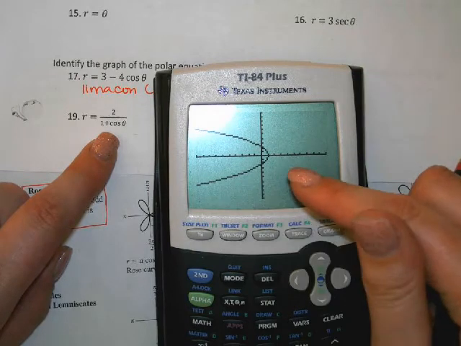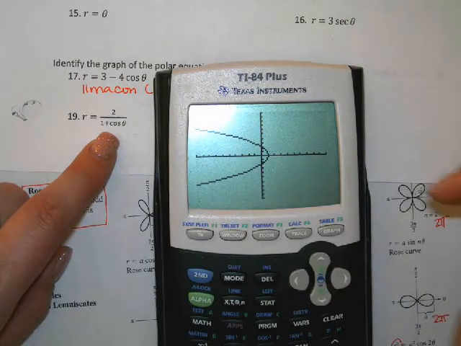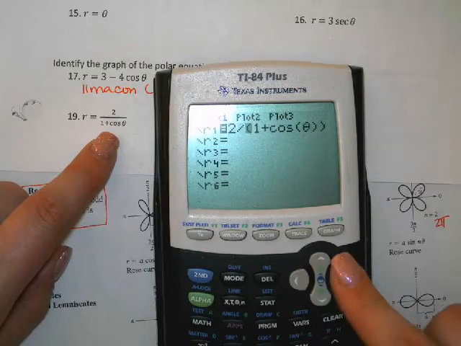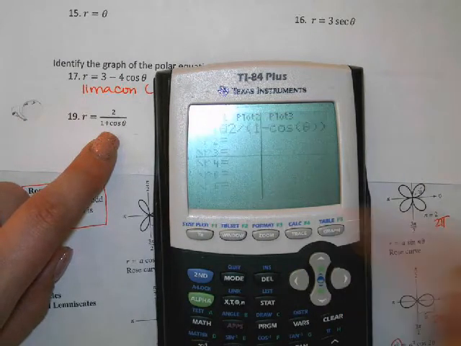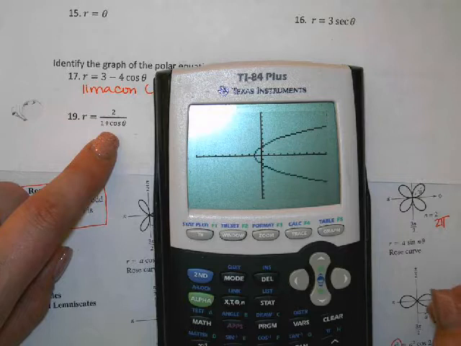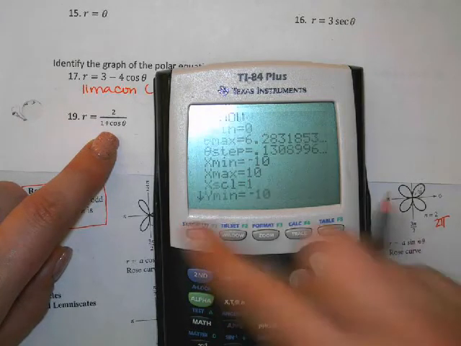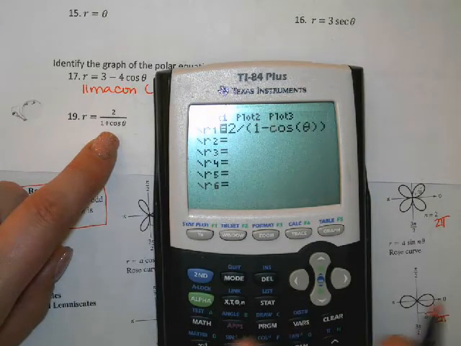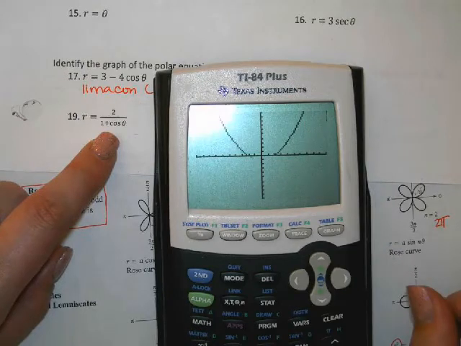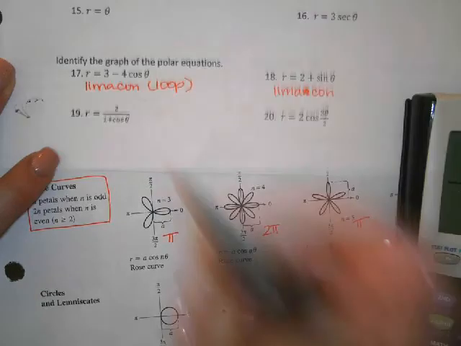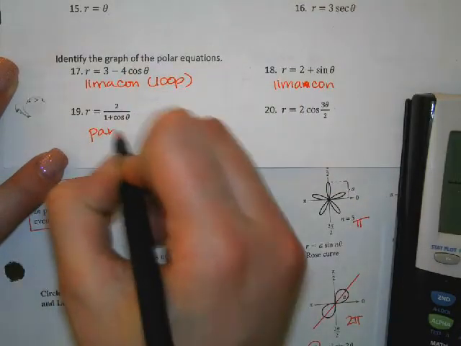Because it's cos, so it should be going along the polar axis. I bet if we change this to a negative, it would go the other way. Aha! Or if I change it to a sine, are you guys excited about this or no? We're getting bored with it? It's going up now. That's fun. All right, so this is a parabola.